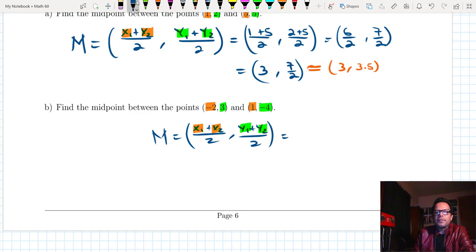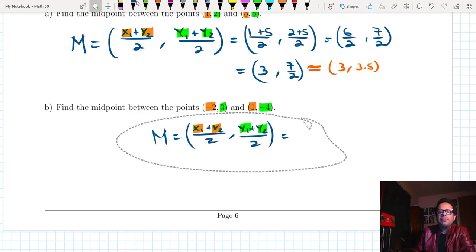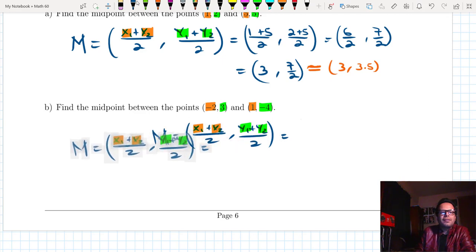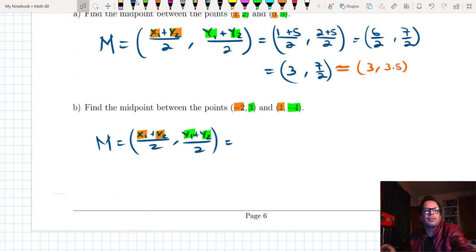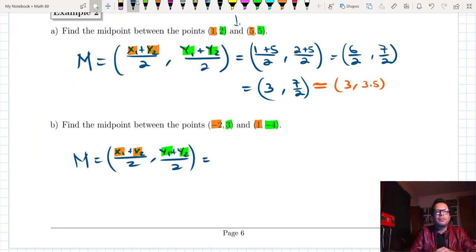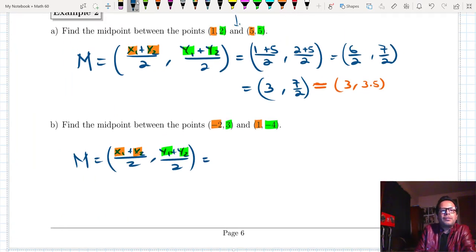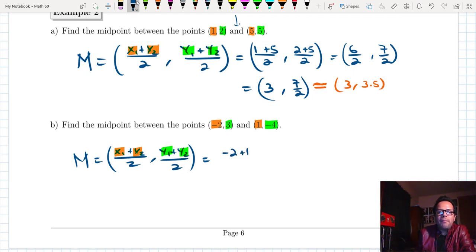Let me move this a little bit towards the left and plug in the numbers only. That's -2 plus 1 divided by 2, comma 3 plus -4, careful with signs here as usual, then divide by 2.